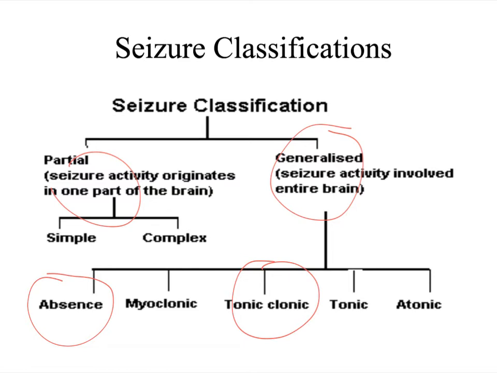In most cases, the patient will fall, which may result in injury due to this sudden lack of muscle tone. So that's important to be aware of what type of seizure the patient generally has in order to determine the safety measures that we need to put into place.